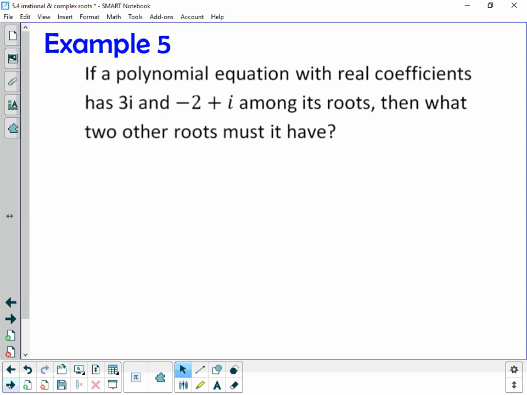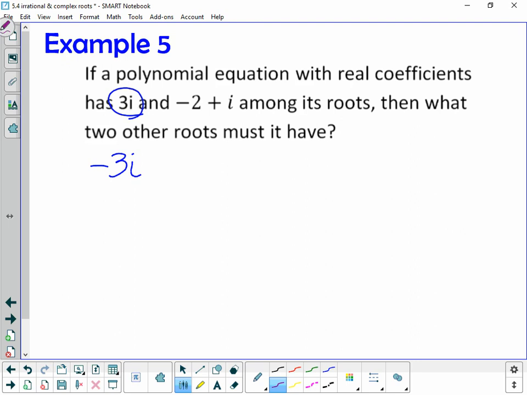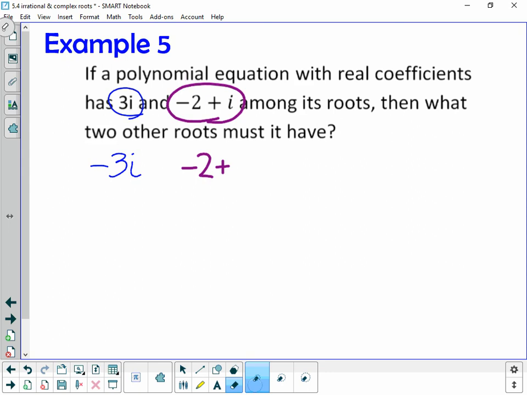If a polynomial equation with real coefficients has 3i and -2 plus i among its roots, what other two roots must it have? Well, this one tells me that it also must have a -3i. And this one tells me it should also have, whoops, I'm getting ahead of myself.